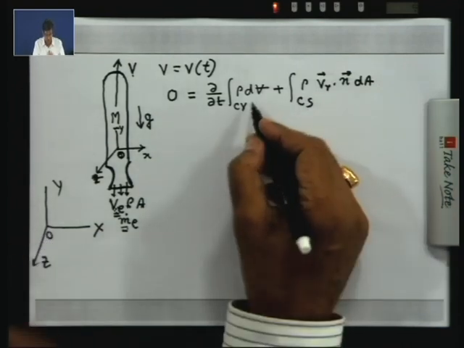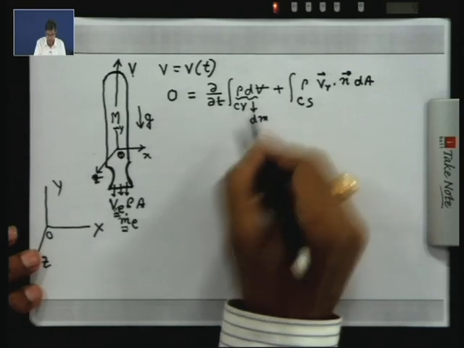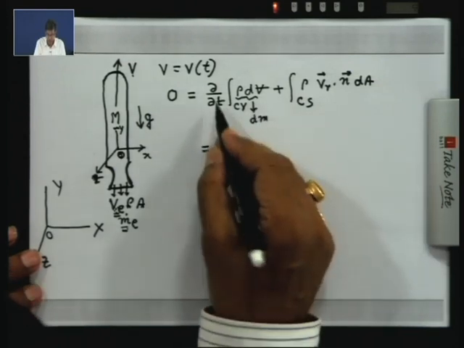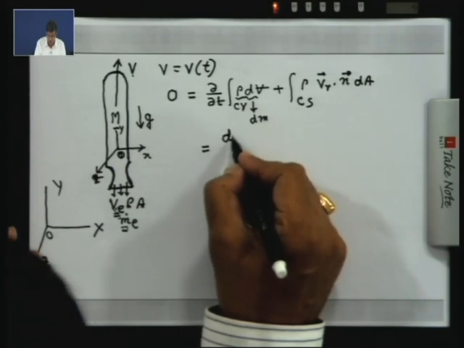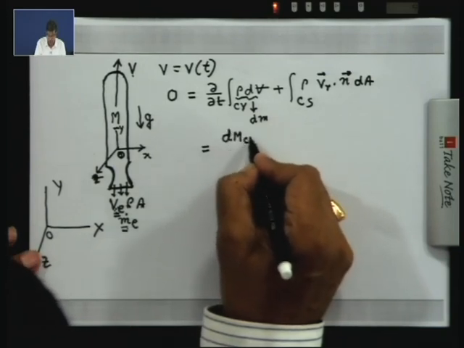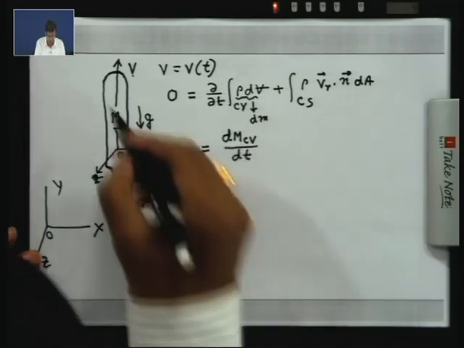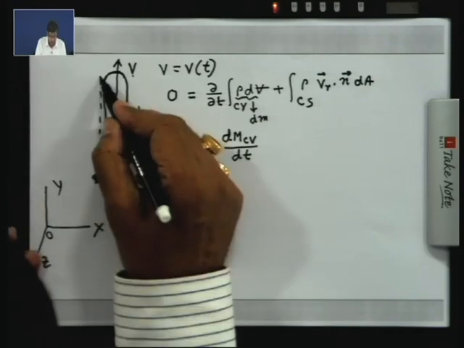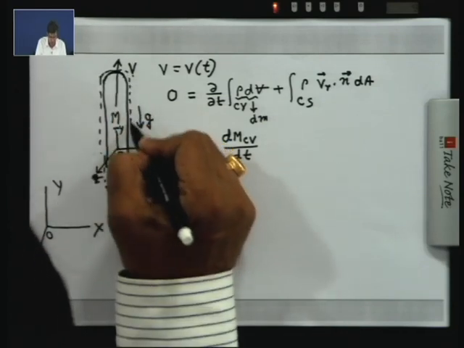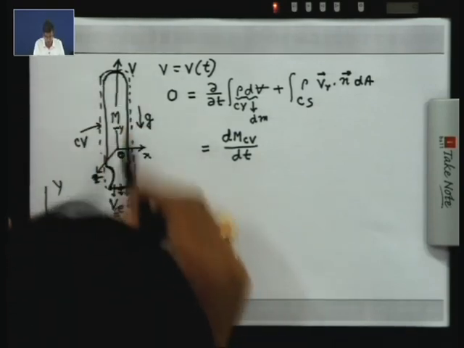Now, rho dV as a whole is the dm, that means this becomes the mass of the control volume, and the mass is changing only with time. So, this is dm CV dt we can write, and for this mass of the control volume, we take the control volume like this. We take a control volume circumscribing the rocket. This is the control volume.